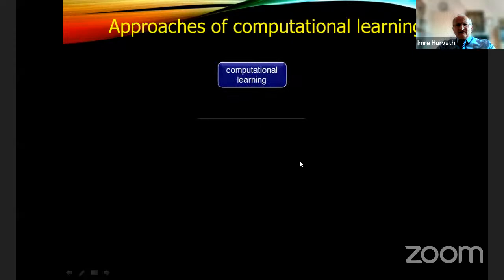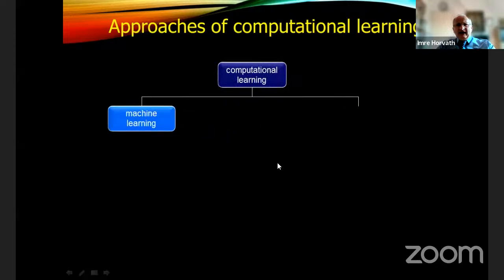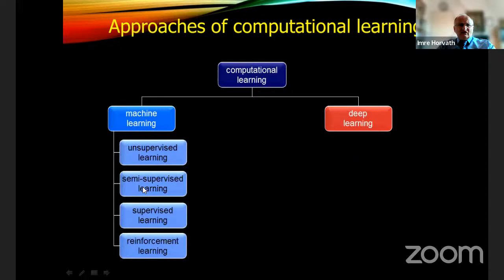So the computational learning has the machine learning approaches and the deep learning approaches. The machine learning approaches were identified as, for instance, unsupervised learning, semi-supervised learning, supervised learning, and reinforcement learning.